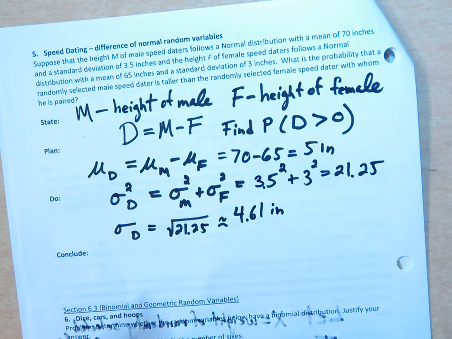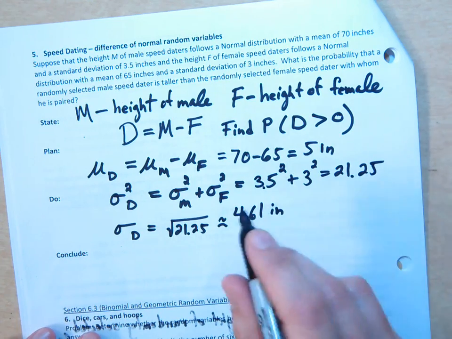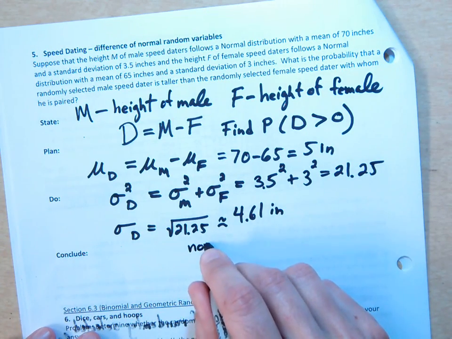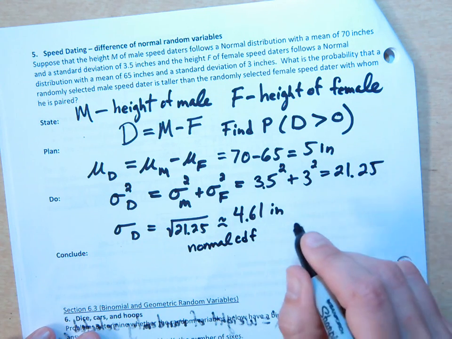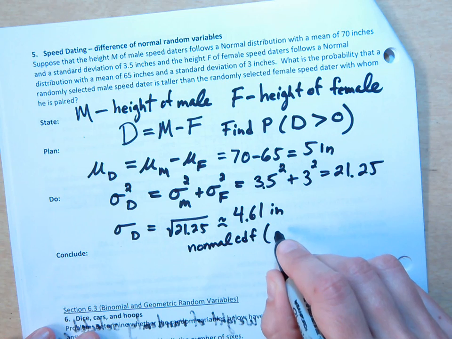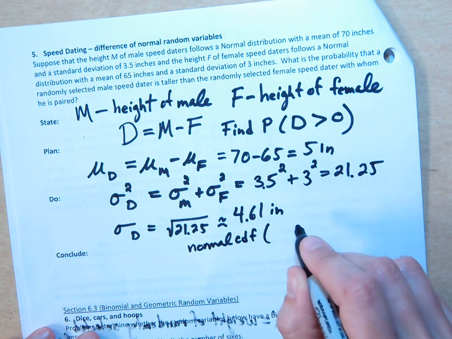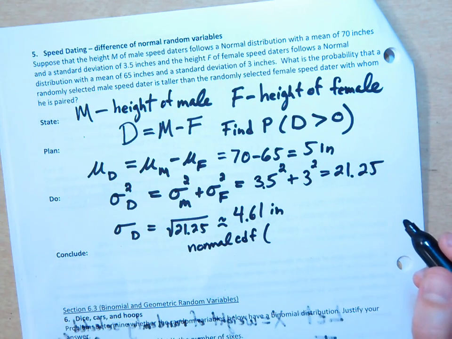So the expected value, the mean, is 5, the standard deviation is 4.61, so we can just do normal CDF, which I really recommend doing. You could find the z-score and use table A, but this is faster. What would the lower bound and upper bound be?